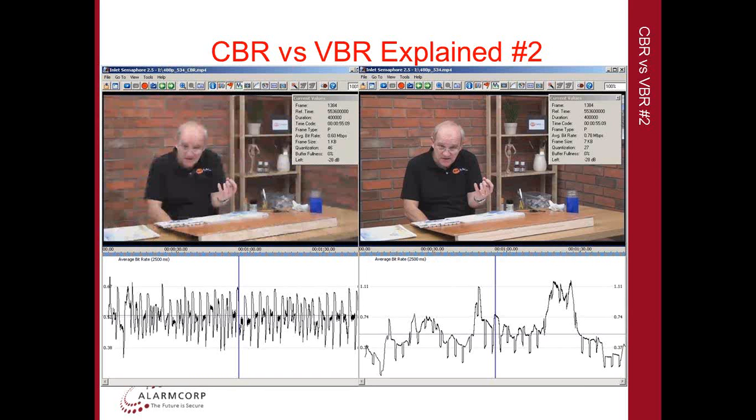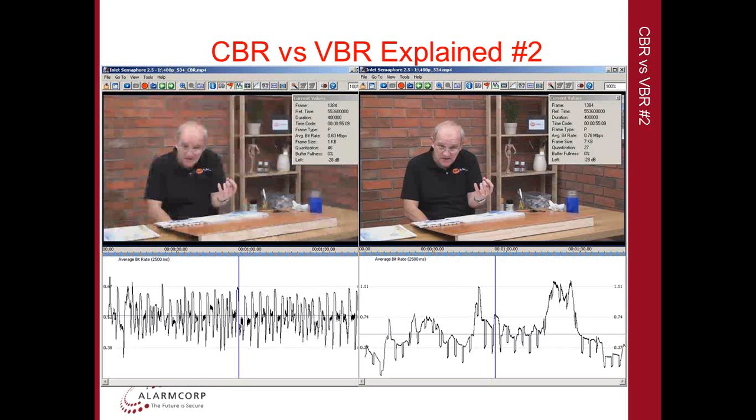Now in the variable bitrate scenario, you can see straight away that the image quality is a lot higher. But notice that the bitrate jumps up to over 1.1 and drops down to way below 0.37. So this is the trade-off that you sometimes have to make. And only the application that you're using it for will really be a good guide as to which is the better solution.